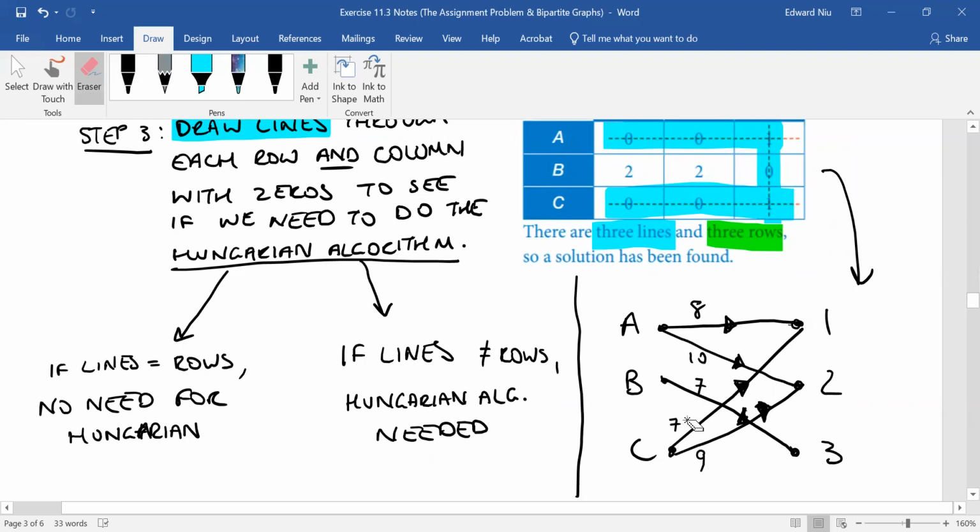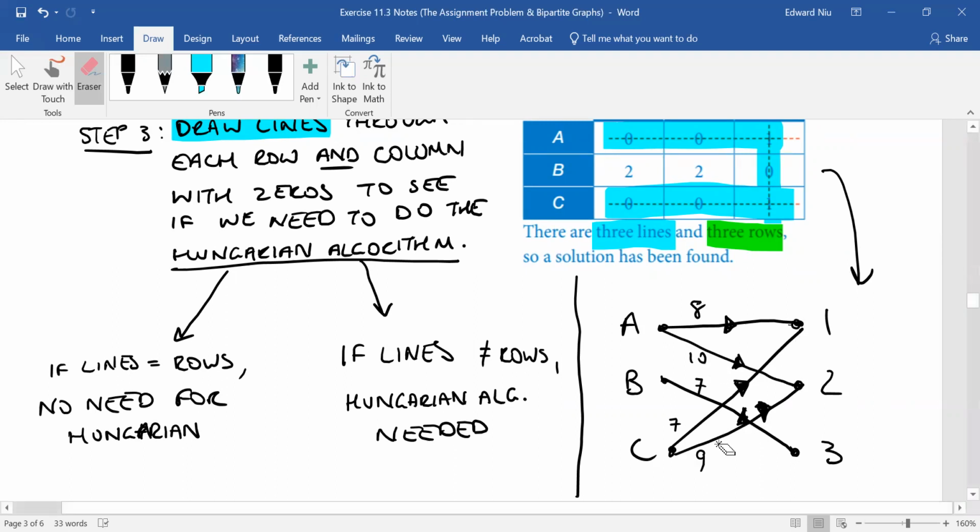So if we went with that option, that would be 7 hours for C to do job 1, and then A would have to do job 2, which is going to be 17 hours in total, because 7 plus 10. Or we could go 8 and 9. That still adds up to 17, doesn't it? Okay, so we've got a weird coincidence where both options have the same job outcome.